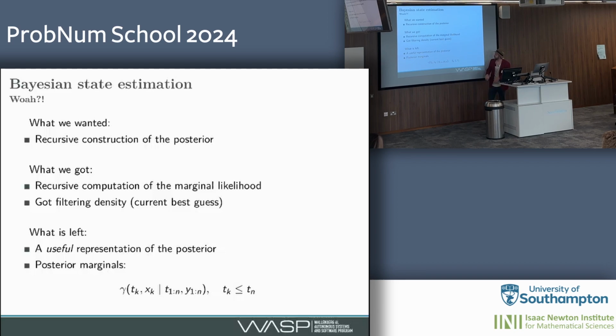However, we might want a more useful representation of the posterior, and also to be able to compute posterior marginals, or well, probably you do want that. That corresponds to taking an entire measurement sequence t_1 through t_n, and then looking at the marginals at t_k for t_k less than t_n.